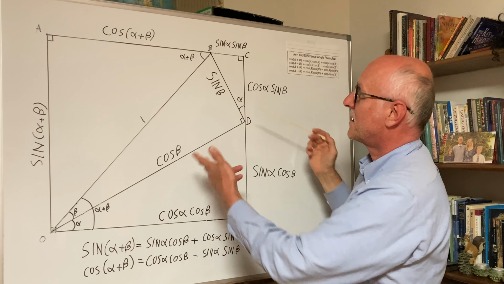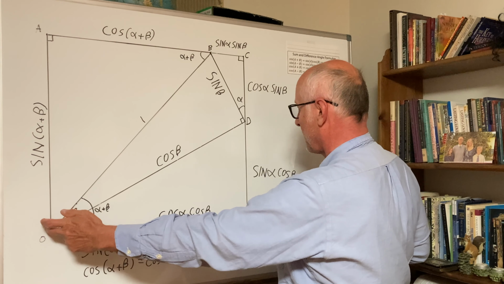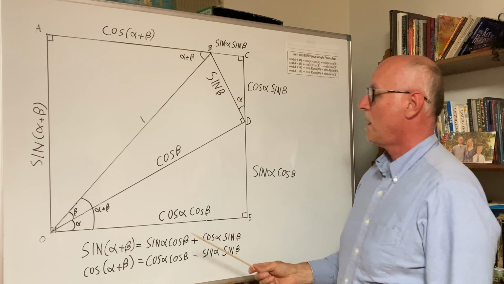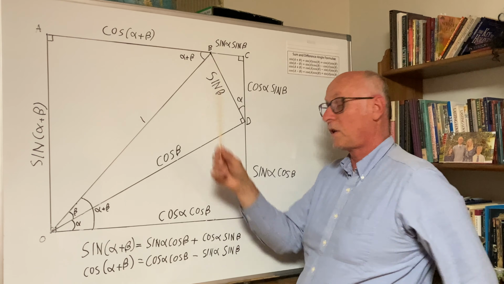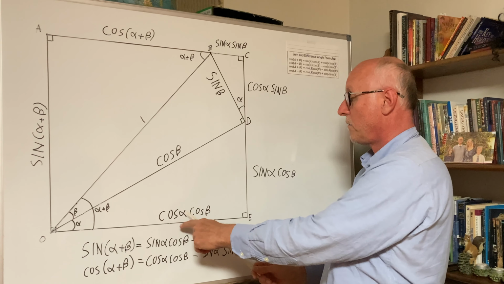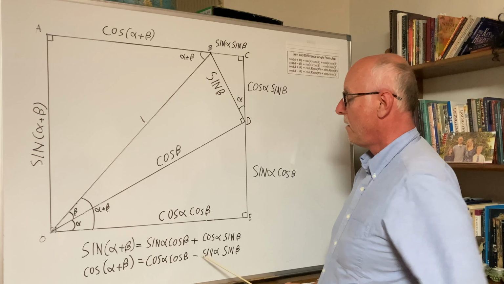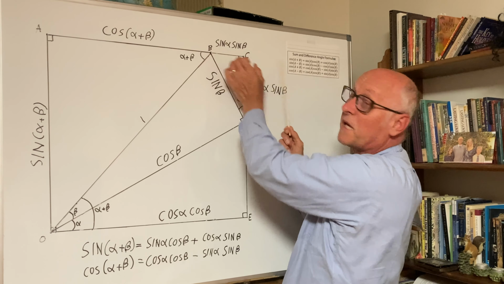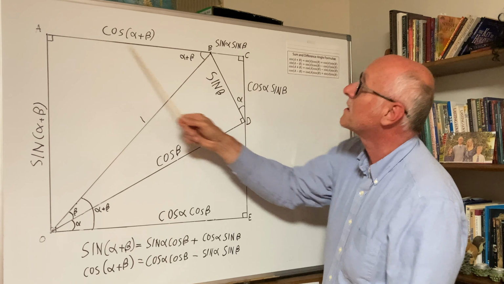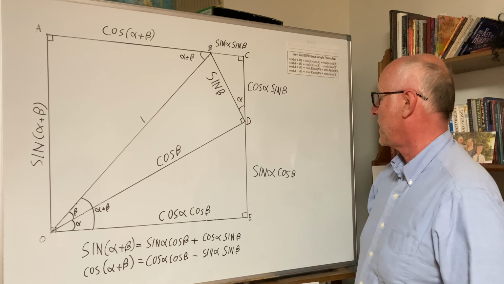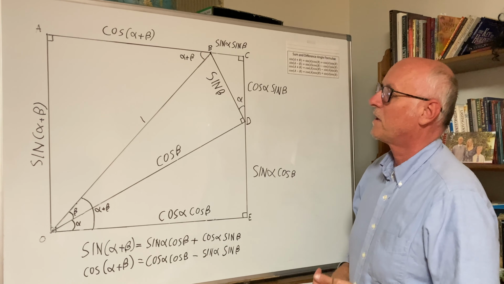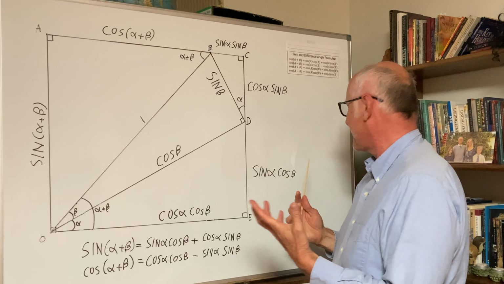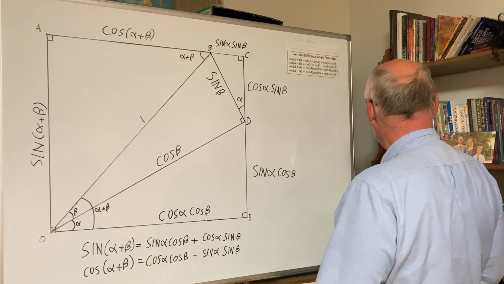And so we must get the difference between segment OE minus segment BC. So cosine of alpha plus beta is equal to cosine alpha cosine beta minus sine alpha sine beta. That gives us cosine alpha plus beta. Pretty simple. You have a simple diagram, things work out nice.